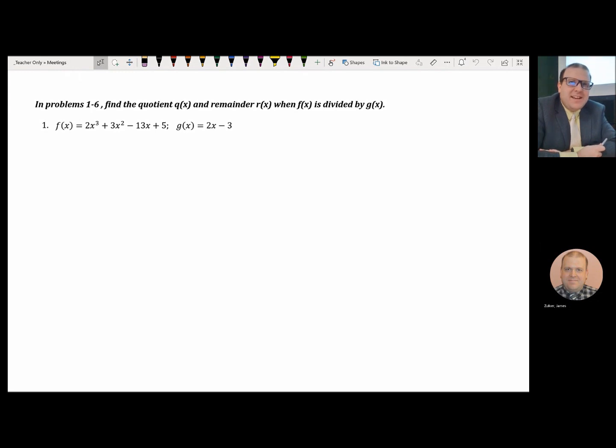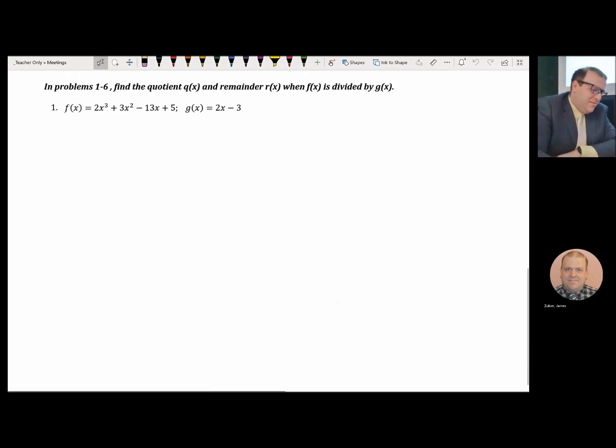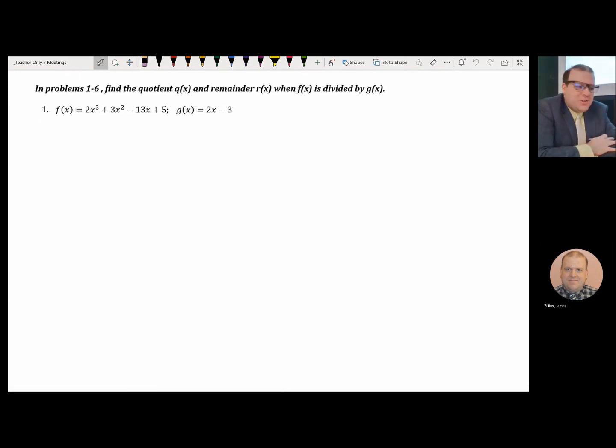So technically, synthetic division cannot be used. However, if we're clever, we can use synthetic division. I will do polynomial long division and show you the clever technique to do synthetic division on this. Starting with long division.